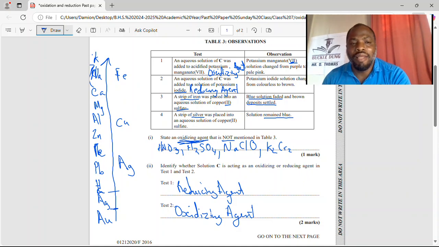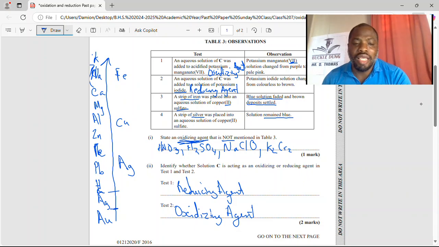Now, any element that is above another element is capable of displacing that element from a compound. So since we have iron being higher than copper, the iron is able to displace the copper from the copper sulfate.